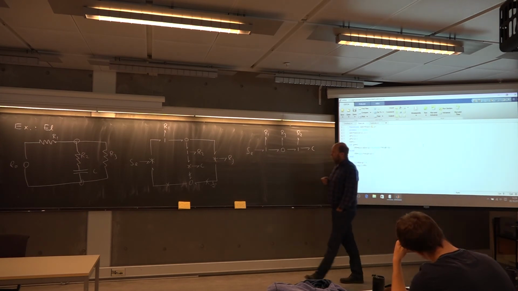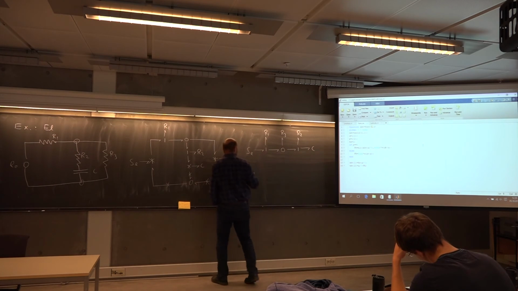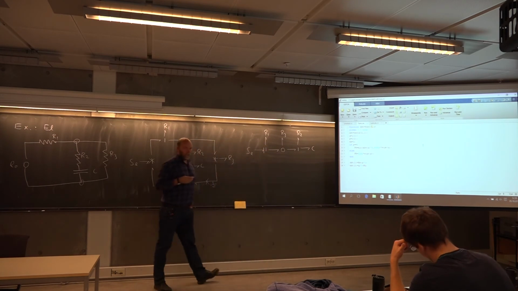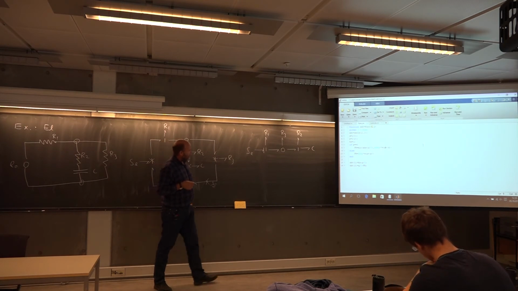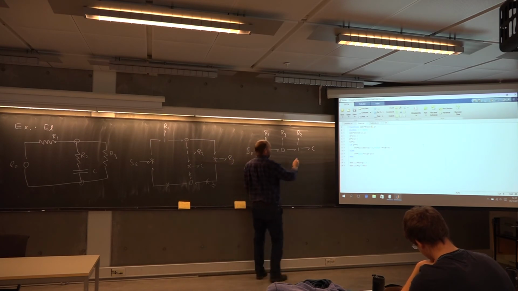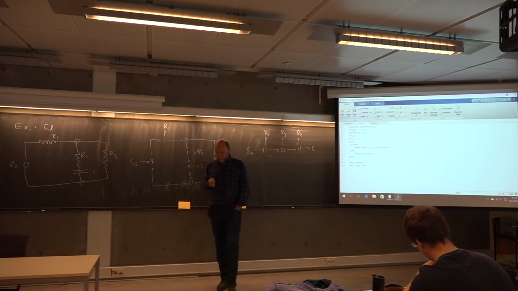That's good. Now start with the annotation here. Causal strokes. I have an effort source. So yes, we start here. The effort hitting into the system, stroke towards the system. Then that doesn't dictate anything. Okay, I have a C element over here, so of course I choose the integral causality for it.